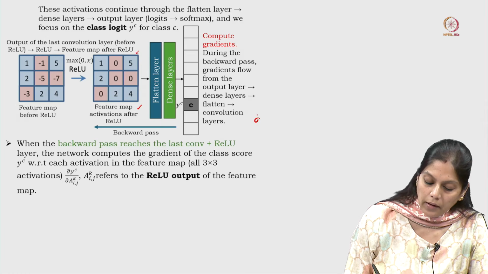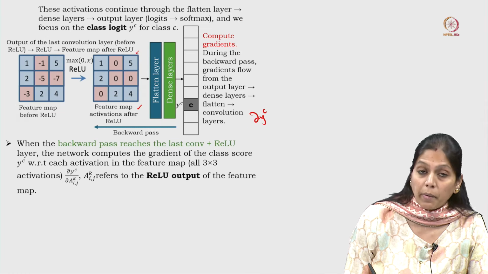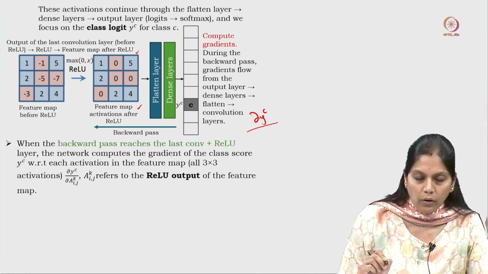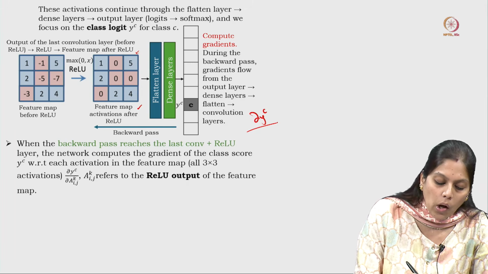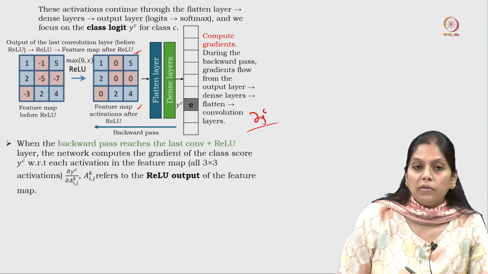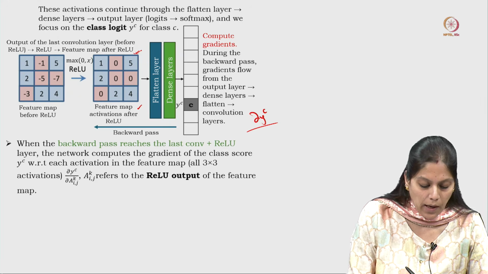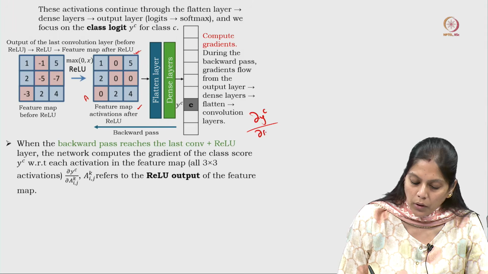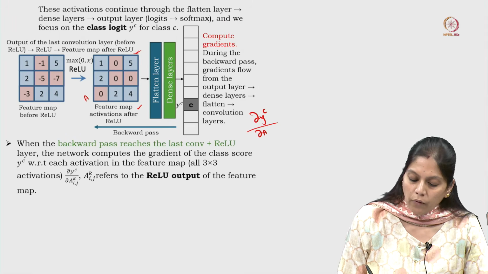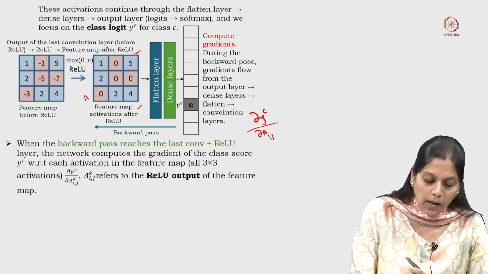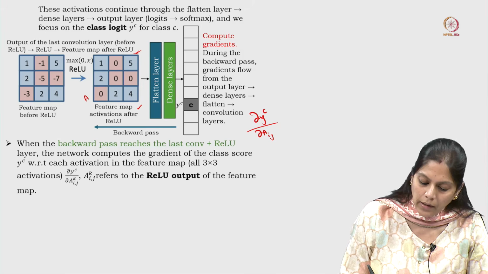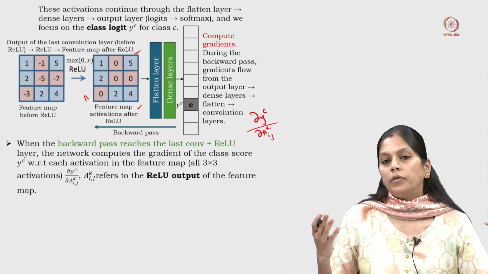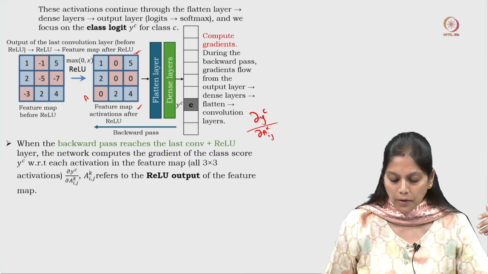How are we computing the gradients? We are computing the gradient of YC with respect to all the values in this feature map. If you name this feature map A, then we compute the gradients for all the values in it, and let us assume it is one of the feature maps of the last convolution.